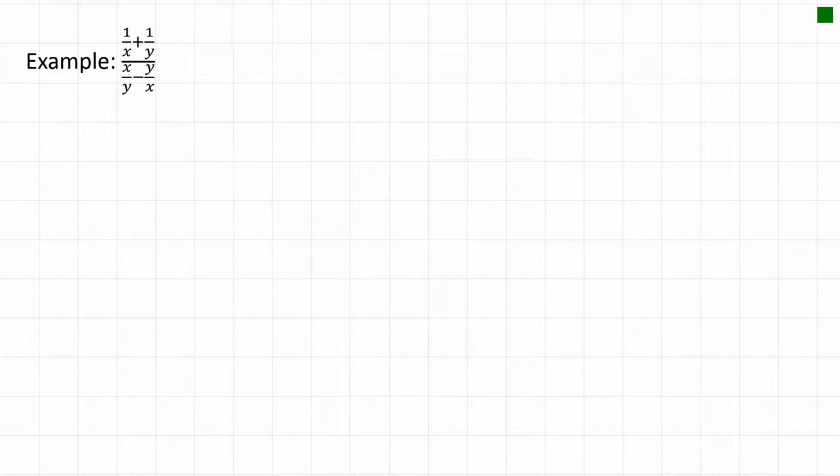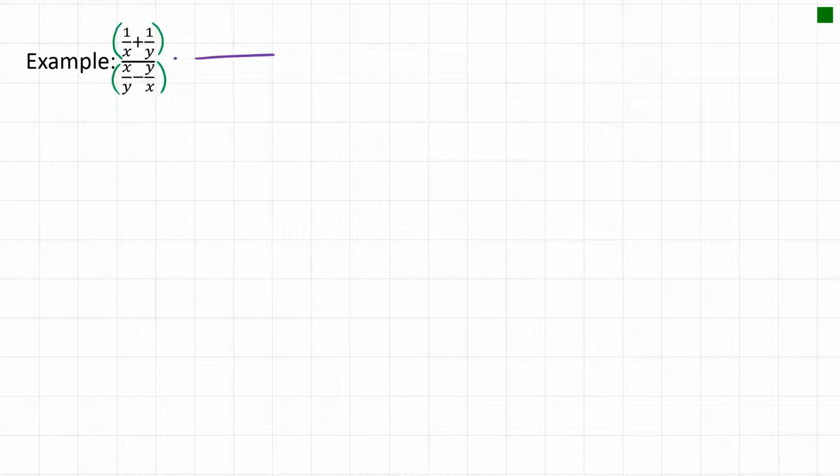So how can we use this to simplify this complex fraction that we actually saw in the previous skill? How are we going to do it? Well, looking at this top fraction and looking at this bottom fraction, I'm going to multiply by 1. So let me pick a different color here. I'm going to multiply by 1, which is something that will eliminate all of the fractions in this problem.